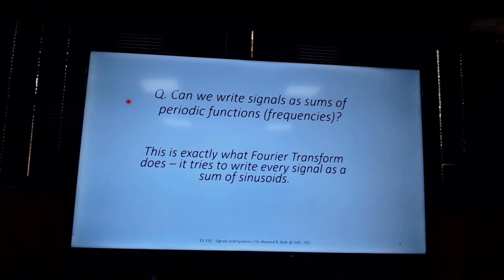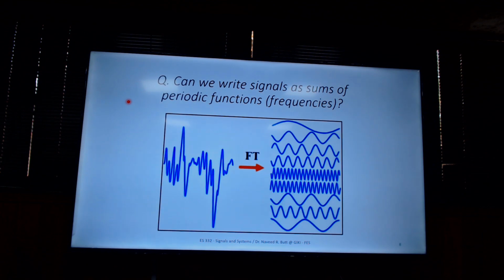It tries to write every signal as a sum of sinusoids. What does that mean? Let's look at it. In the time domain, I have this signal. This axis is time and this is frequency.